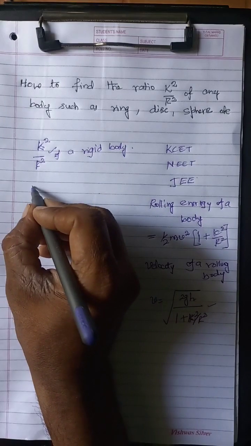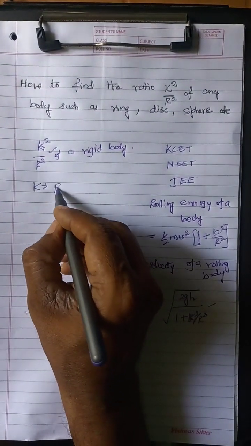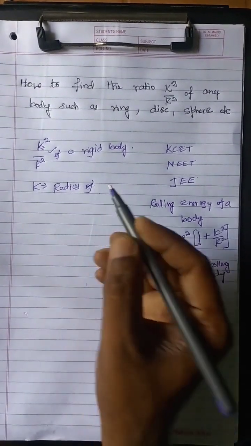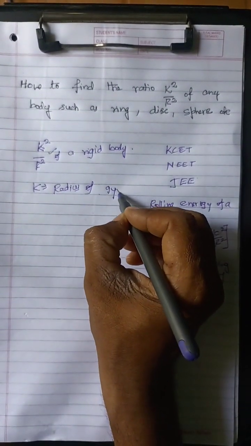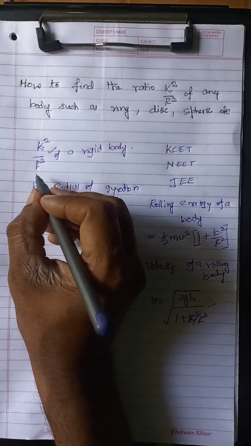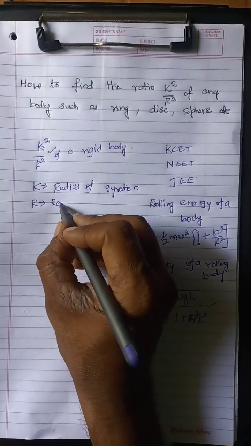And here k refers to the radius of gyration, and r indicates the radius of the body.